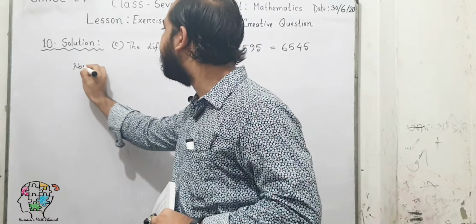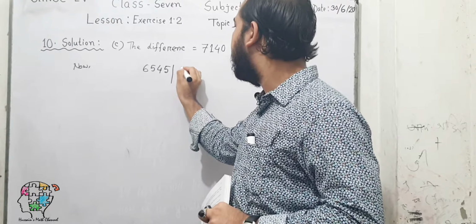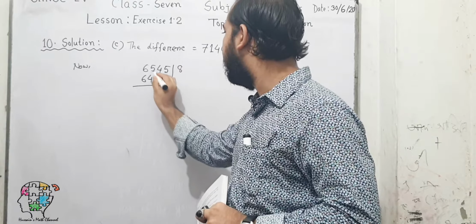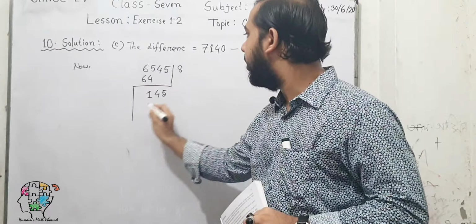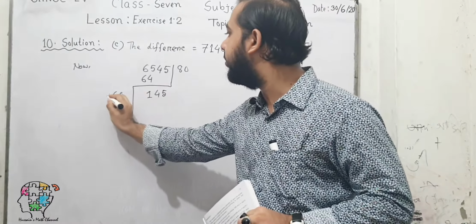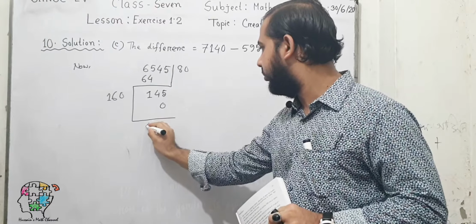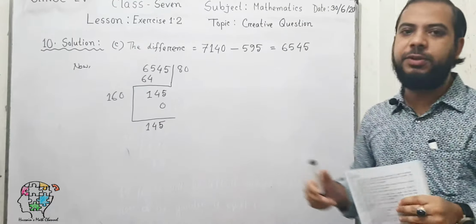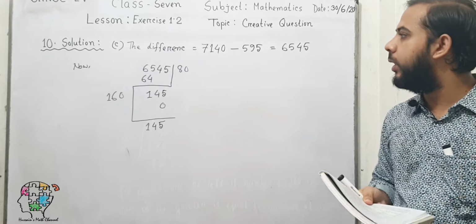Now for 6,545, 8 times 8 is 64, and now after subtracting and putting down 45, if we make it double here, 16, here will be 0 times 0 will be 0. So the remainder is 145. Clearly 6,545 is not a perfect square.